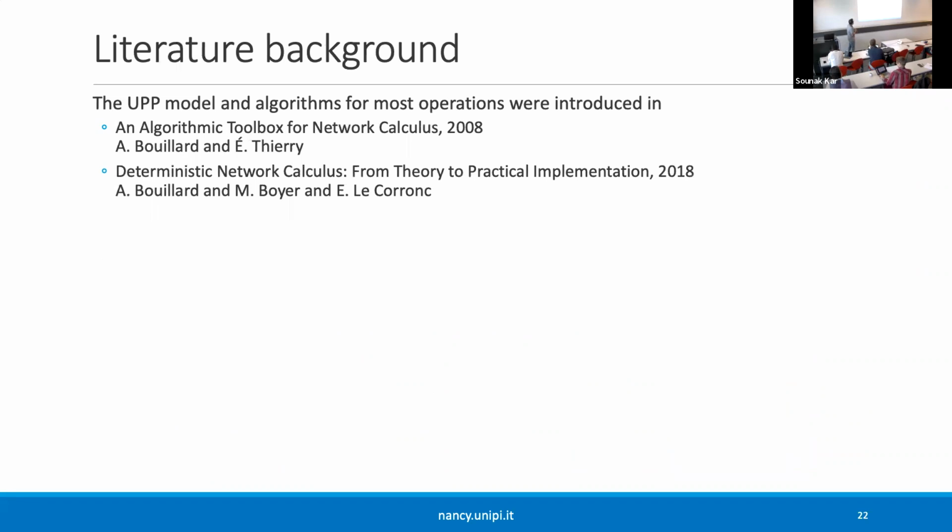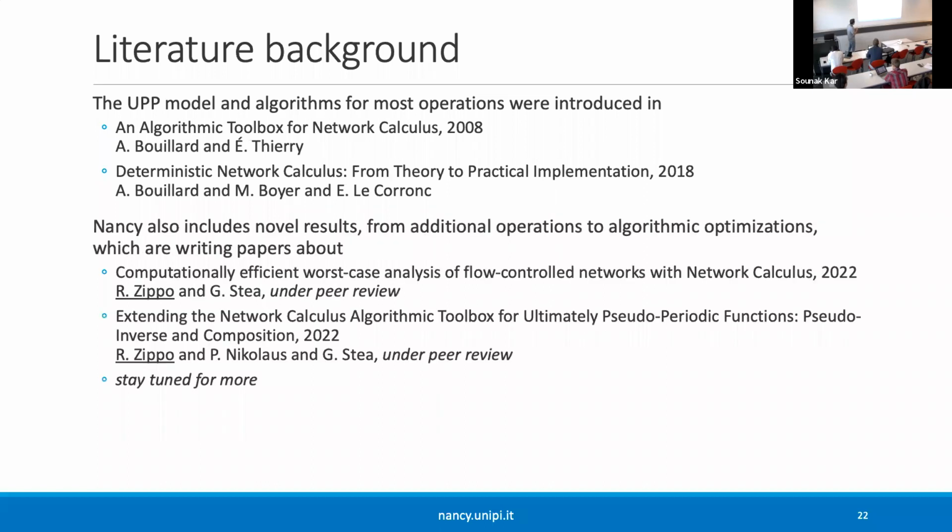Lastly, I mentioned the literary background. So Nancy has a strong mathematical background based on the work of Anne Bouillard on the UPP model and algorithms for this model. And we extended this work with some more efficient algorithms for some specific cases, and by extending the toolbox with pseudo-inverse and composition.